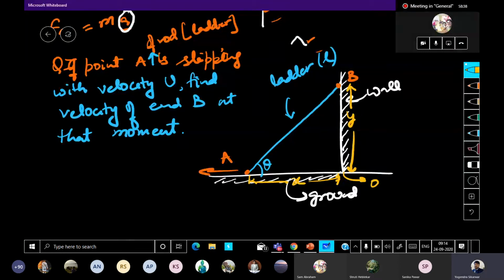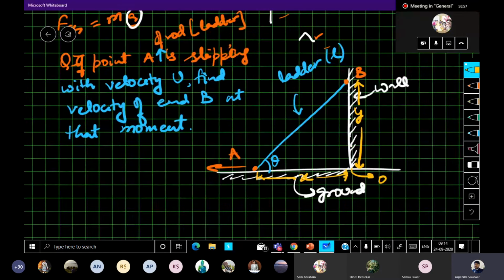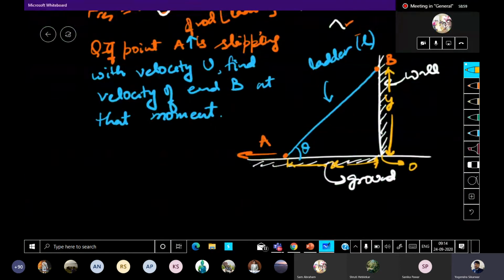So the distance of end B is y, the distance of end A is x, and this distance is measured from the foot of the wall, and that point is O. This is an easy question. Now pay attention, everyone.